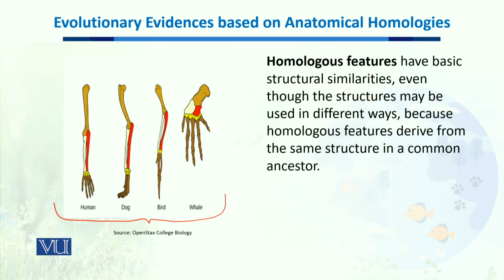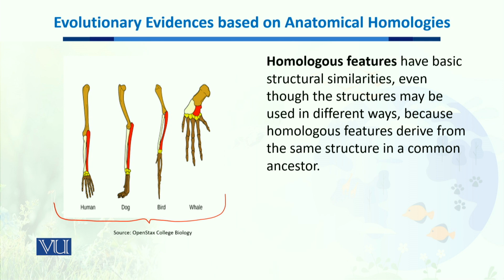Those pads are internally just like the hands. It has fingers, but those hands are covered with flaps just like a web. It helps them in better swimming. So these are homologous features.